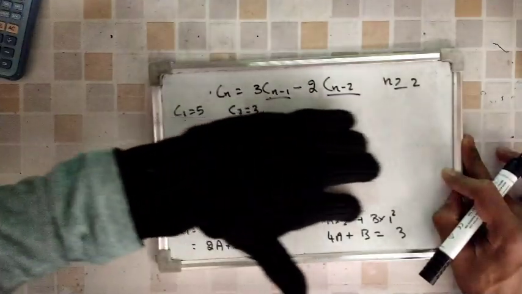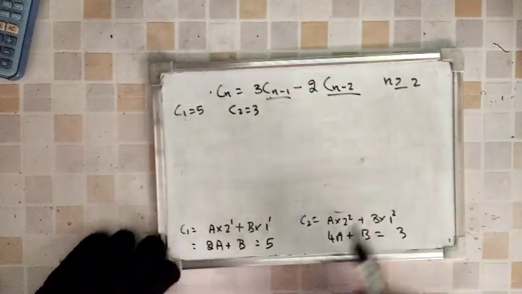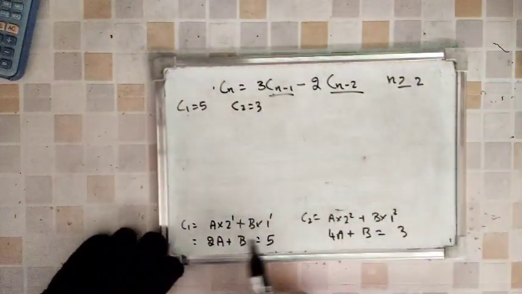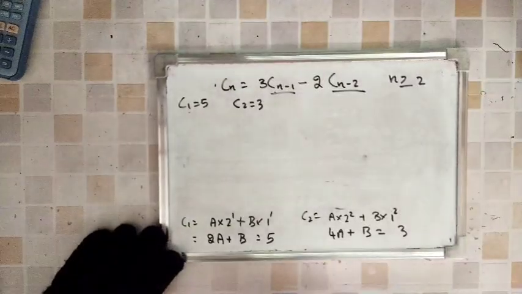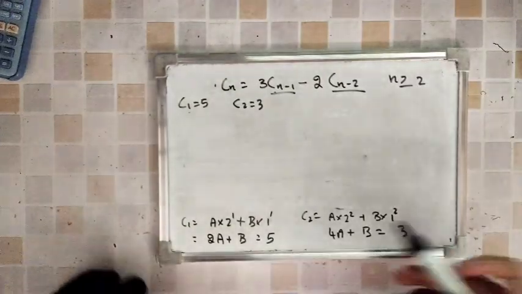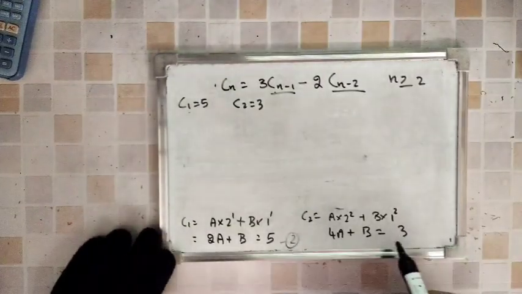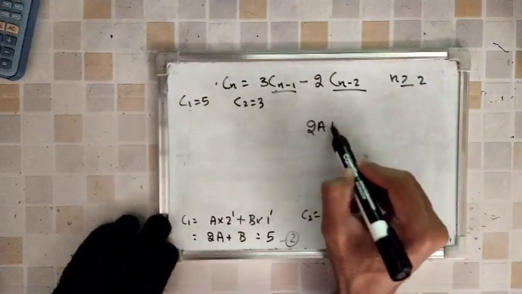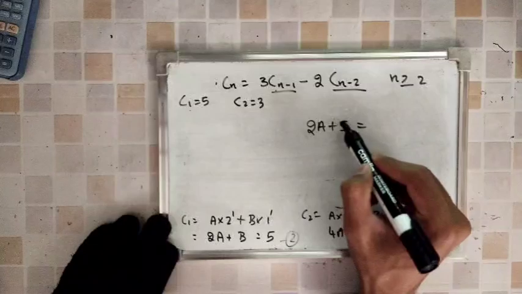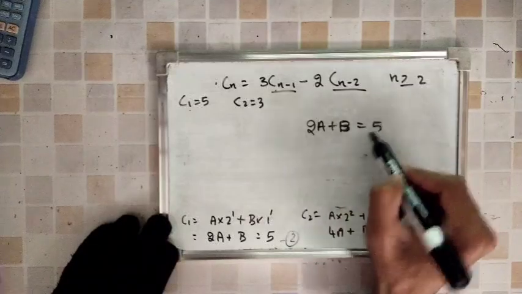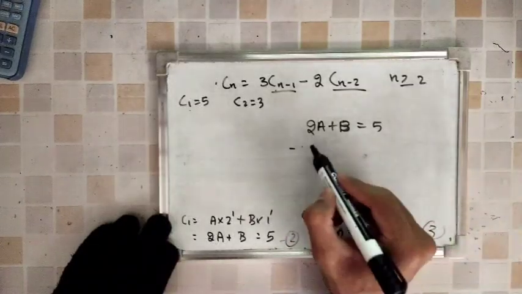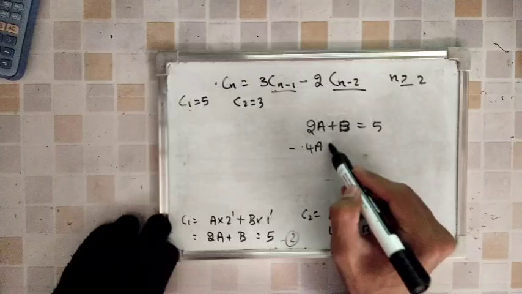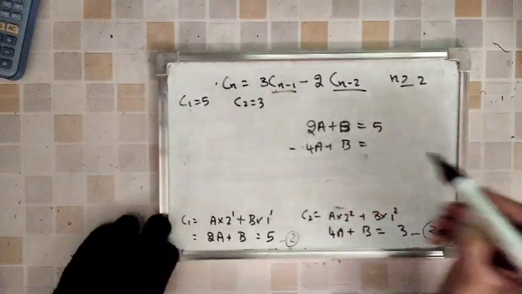From equation 1 we derive this 2. So what I can do is simply subtract. Let me subtract equation 2 from equation 3. 2A plus B equals 5, and 4A plus B equals 3.